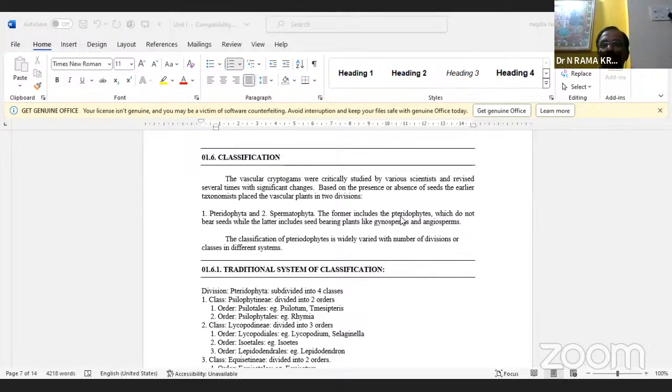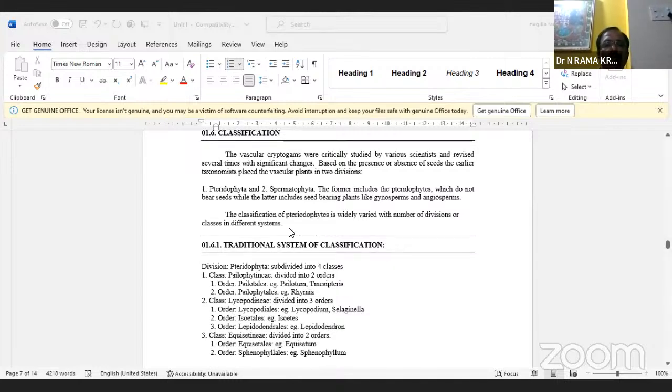The former includes pteridophytes, which do not bear seeds, while the latter includes seed-bearing plants like gymnosperms and angiosperms. The classification of pteridophytes varied widely in the number and divisions of classes across different systems.